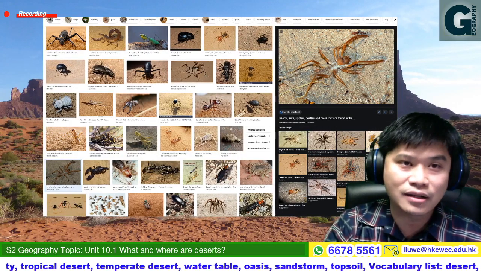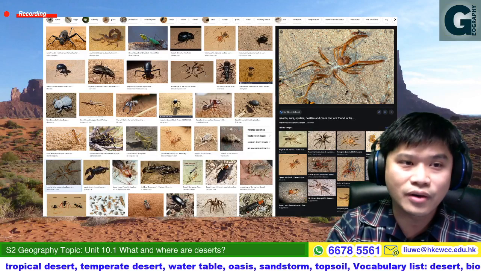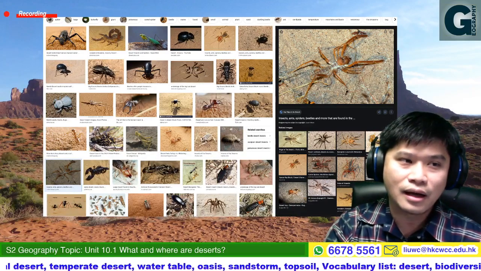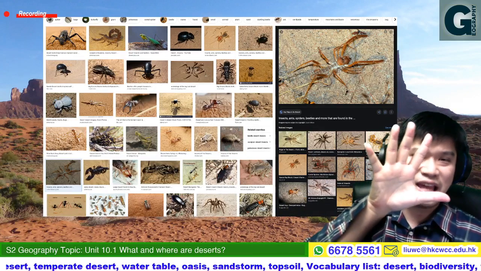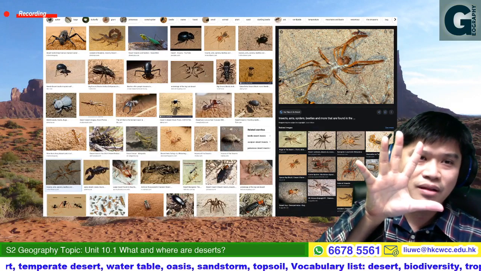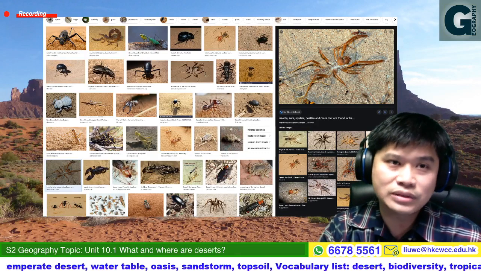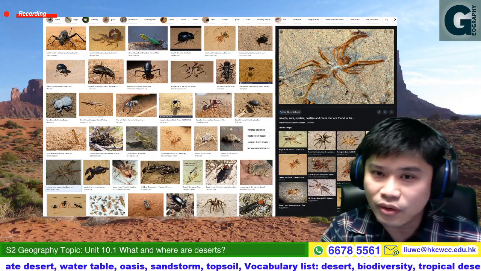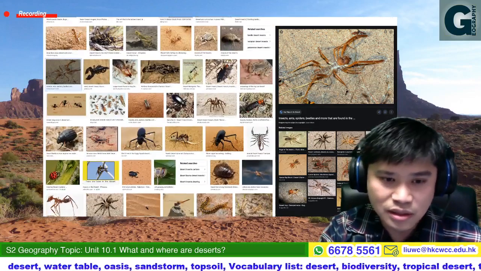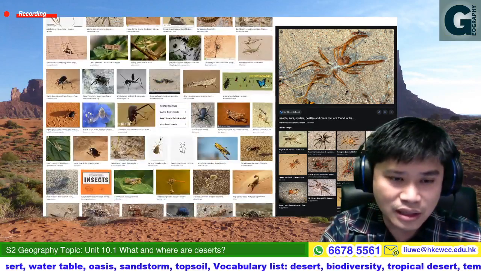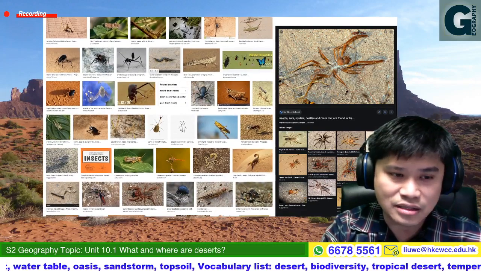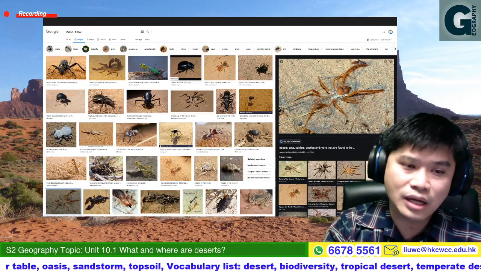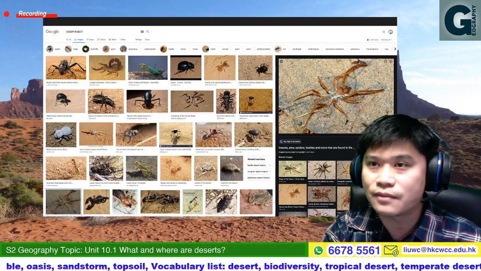This kind of spider could be very large. I think this spider could be much larger even than my hand, and they would hunt small mammals for food. So you can see even in the desert, the biodiversity is of course low, but you can still see some species there.